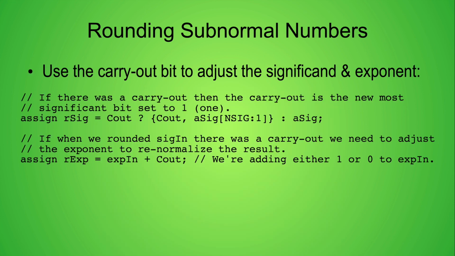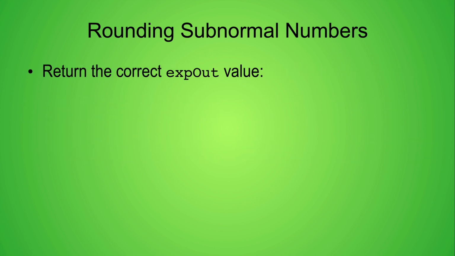The next step is to use the carryout bit to adjust the rounded significand value and the exponent value as needed. This logic is identical to the rounding code for converting integers to floating point numbers. Now we need to do some special processing. Because we're rounding subnormal numbers which can have exponent values less than -24, the value of tsig can be 0.